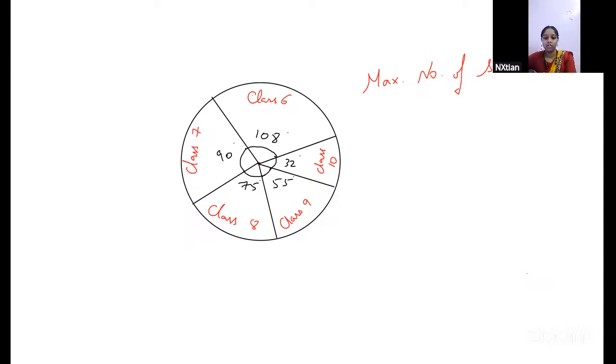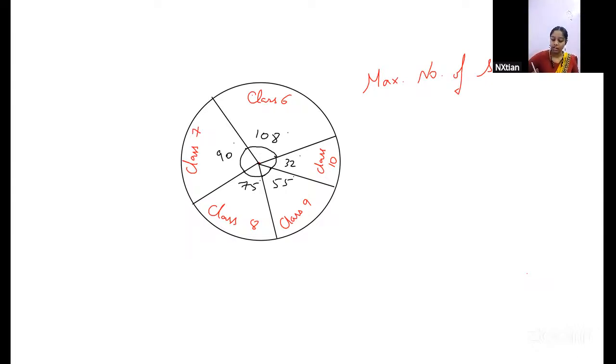So this question is for Simeon. Simeon, look at the pie chart and tell me which class has the maximum number of students? Class 6. Class 6, very good. So sixth class has the maximum number of students.